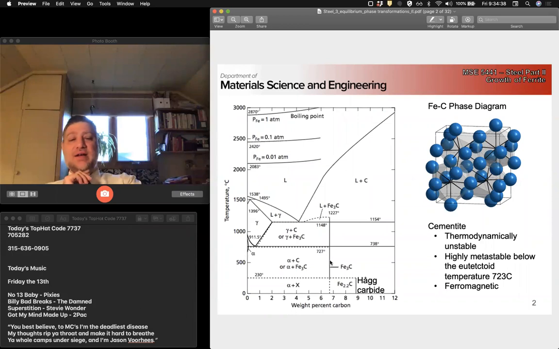We're going to form ferrite and essentially pure carbon, right? So thermodynamically, graphite is the stable phase, but cementite is a deeply metastable phase when held below the eutectoid, and it is a complex unit cell, which is essentially an intermetallic. It has the composition Fe3C, iron 3 carbide, right?